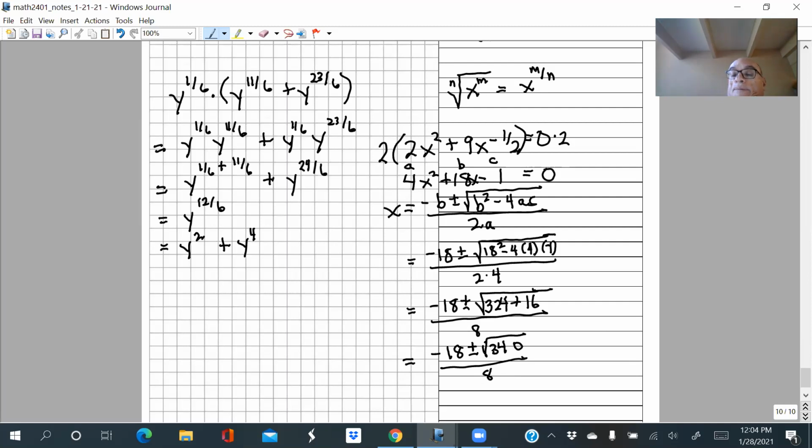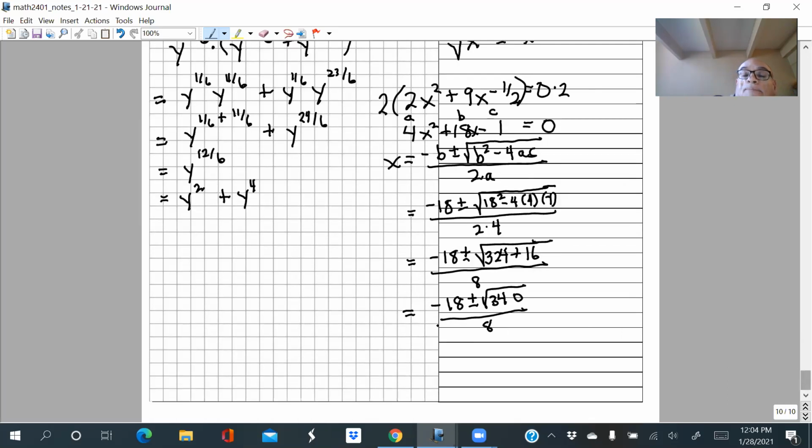So you cannot completely simplify the square root of 340. It's just not going to completely simplify. But you can simplify it a little bit. Let's see if we can do that. So we have minus 18 plus or minus.